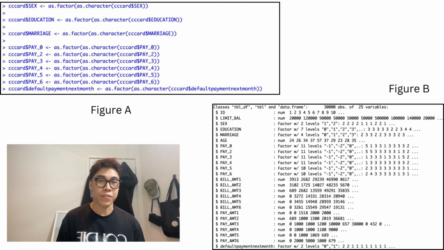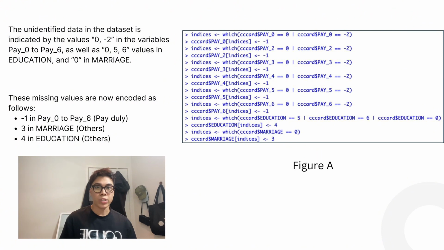As a result, in figure B, we can see a difference in our dataset structure. There are only 15 variables right now that are numeric. The other 10, which also include our target variable, default payment next month, have been changed to factor data type.